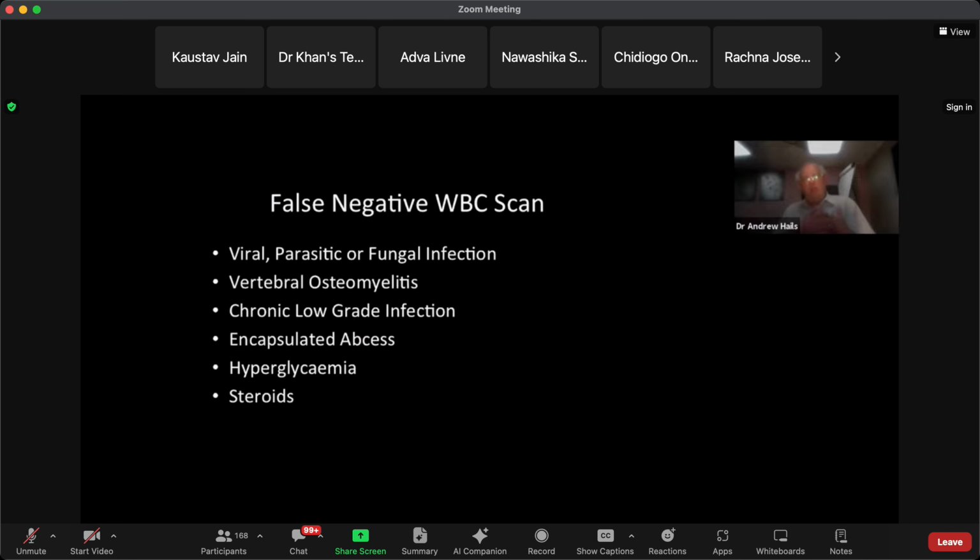Right. So, as in any test, there are false negatives and false positives. Viral, parasitic, or fungal infections will often not show up on a white cell scan. Osteomyelitis or low-grade infections won't show up either. And obviously, if the patient is given steroids or some kind of immunosuppressives, or if the patient's hyperglycemic, then it won't show up on a white cell scan either.